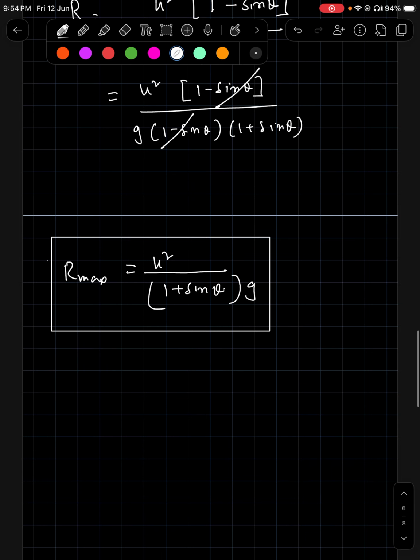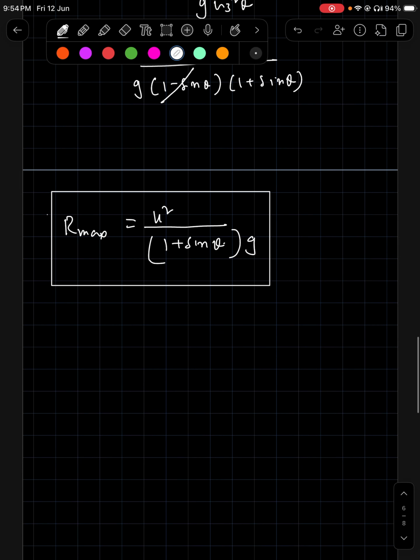Because we know for the horizontal case, when the motion is horizontal, not on an inclined plane, the range becomes ux into t, and that is ux into 2 uy by g.